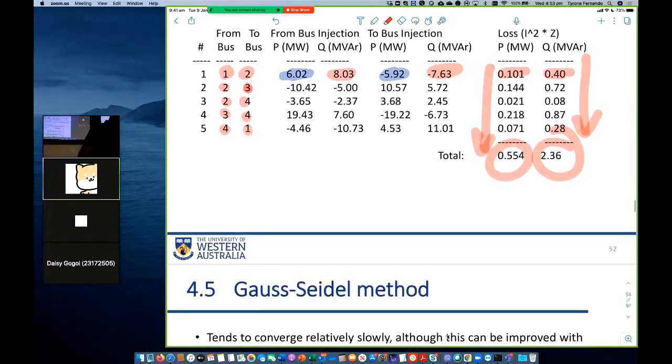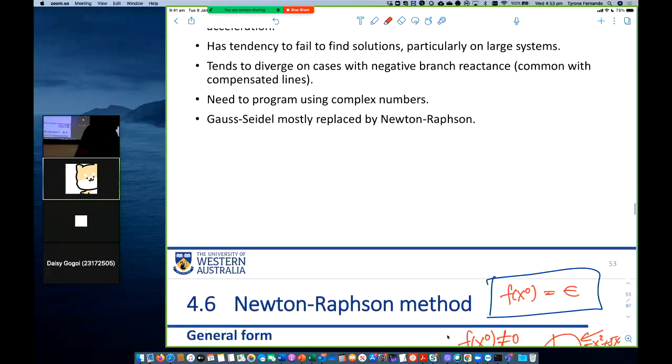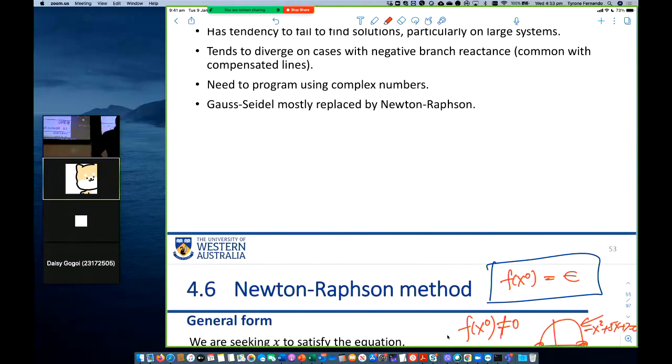So that's the Gauss-Seidel method for you. Right? The Gauss-Seidel method is one technique to solve nonlinear equations, and we have looked at how to apply the Gauss-Seidel technique to solve the nonlinear power balance equations, or power flow equations.